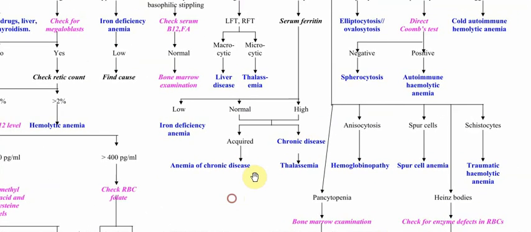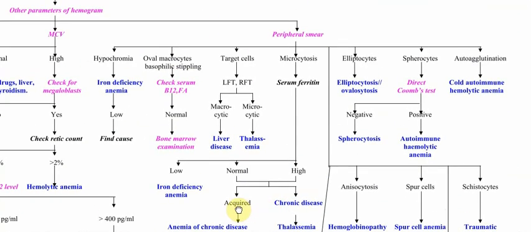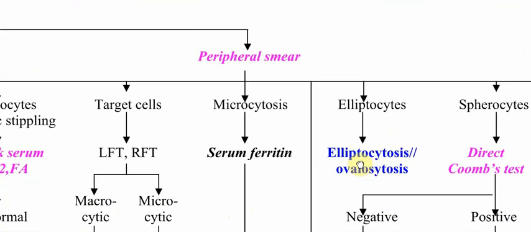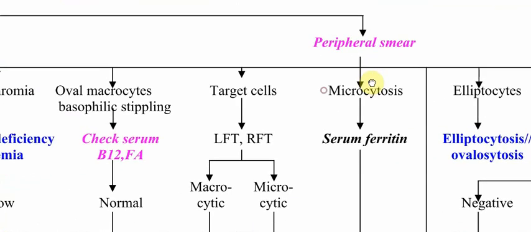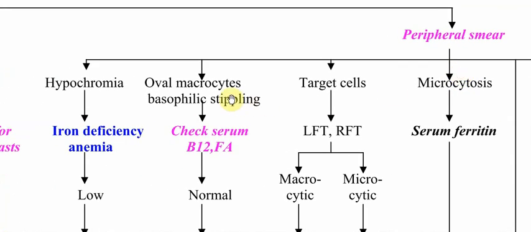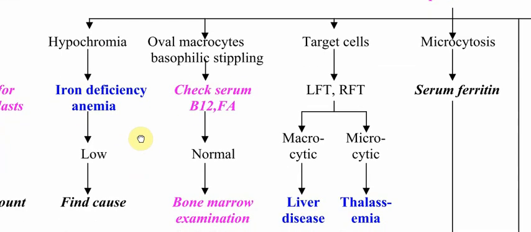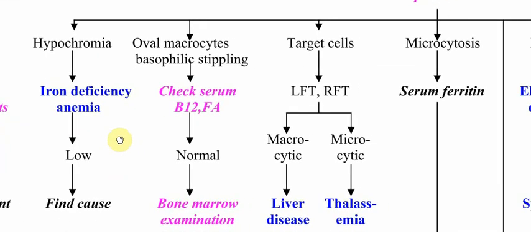Now we go to the peripheral smear assessment, pretty big thing. Here we now have the peripheral smear, and it can show various things, starting with hypochromia. Hypochromia indicates that the anemia is due to iron deficiency. We have to find out the cause of this.